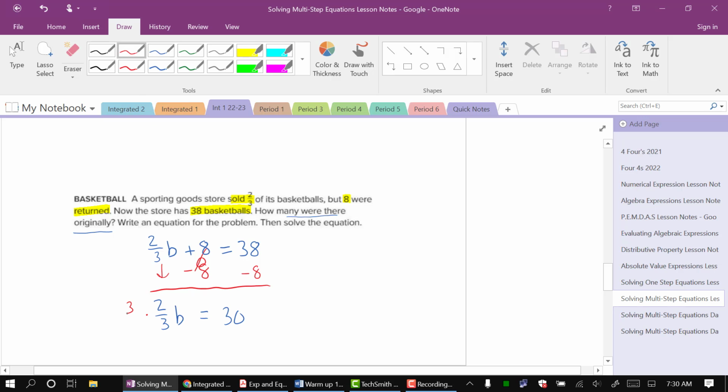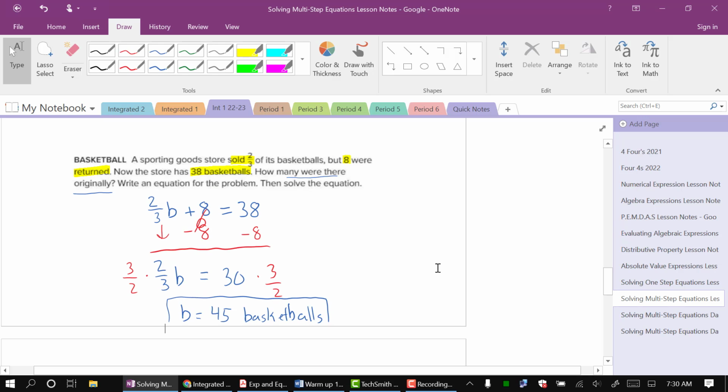So times by 3/2. This gives you 6/6, which is just 1. 30 times 3 is 90. 90 divided by 2 is 45. So there was 45 basketballs originally in the store.